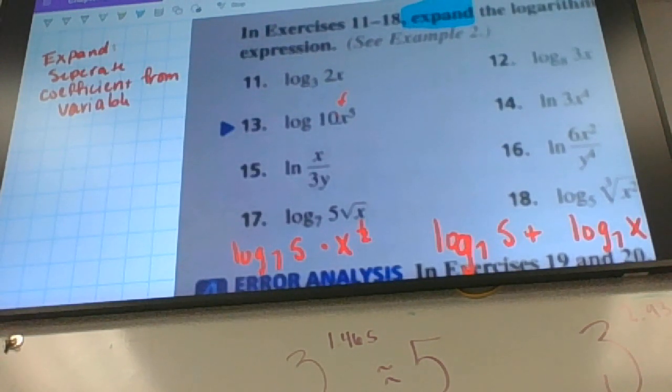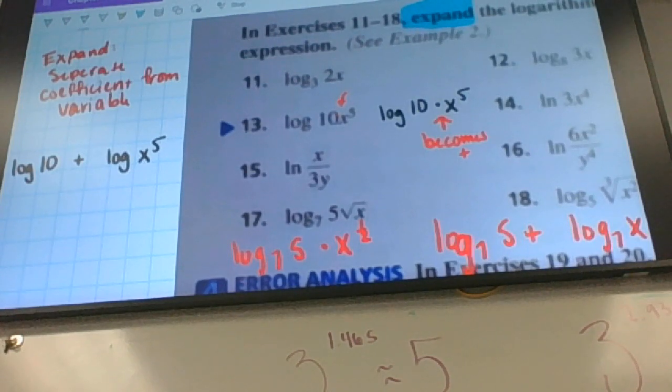I want you to see this as log of 10 times x to the fifth. That 10 and x to the fifth are not concretely together. It's a multiplication sign, so this becomes addition. Multiplication becomes addition. So this is log 10 plus log x to the fifth.